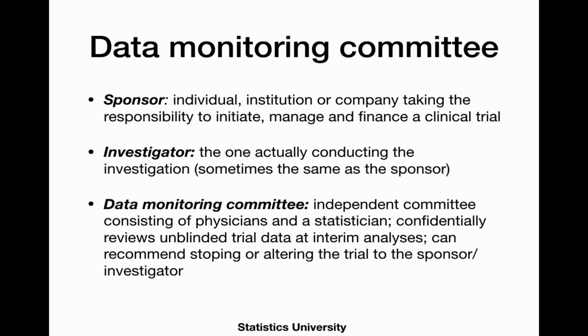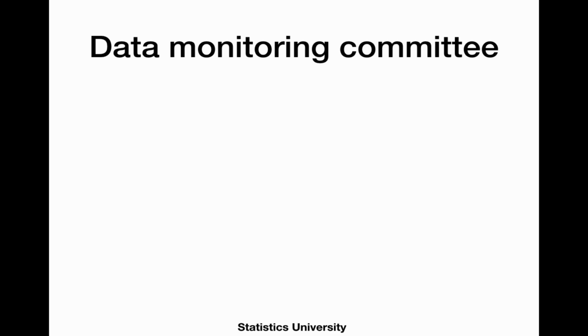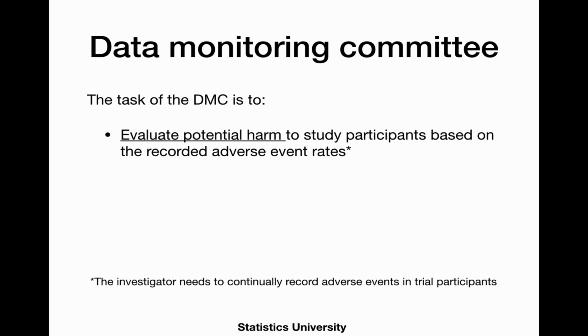And the Data Monitoring Committee is an independent committee consisting of physicians and a statistician that confidentially reviews unblinded trial data at interim analyses and can recommend stopping or altering the trial to the sponsors and investigator. And the tasks of the Data Monitoring Committee are to evaluate potential harm to study participants based on the recorded adverse event rates.